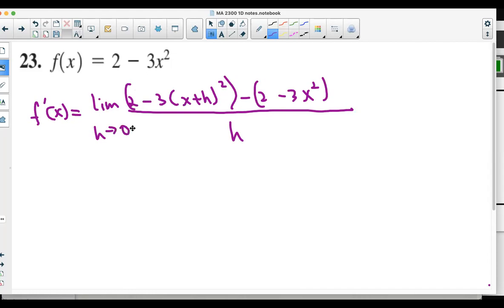Right, that's basically what we can do. Now, when you square x plus h, note that x plus h squared is equal to x squared plus 2xh plus h squared. That's what we end up getting.